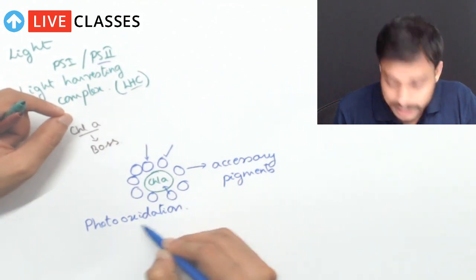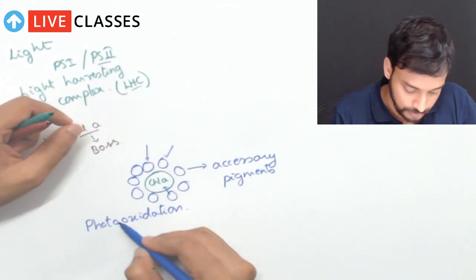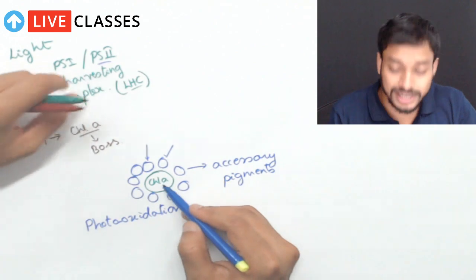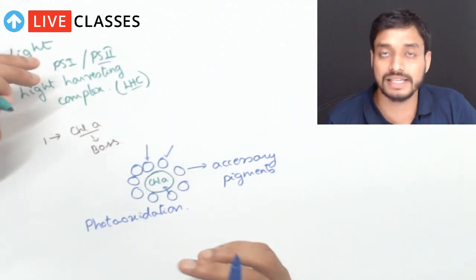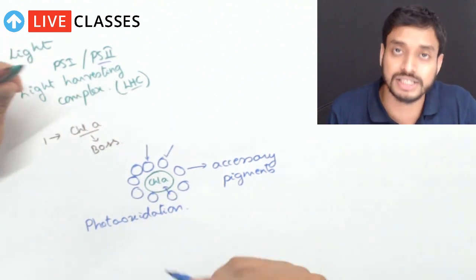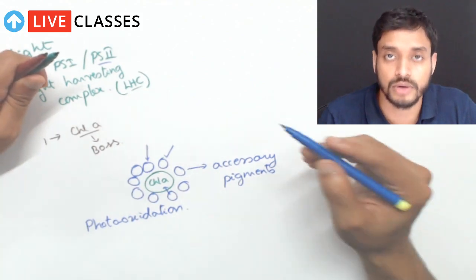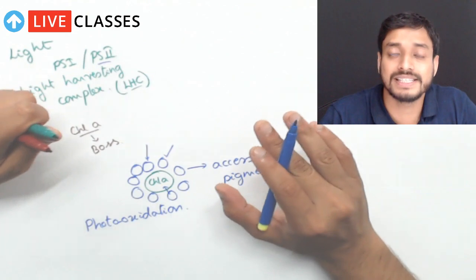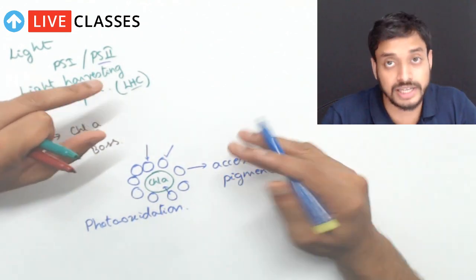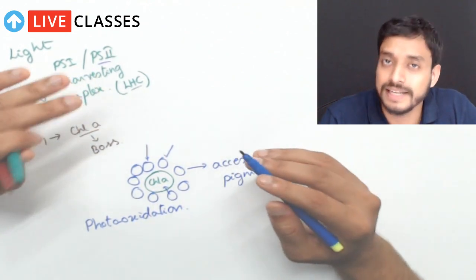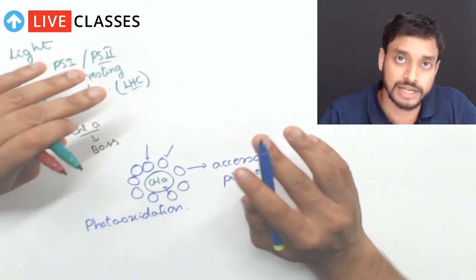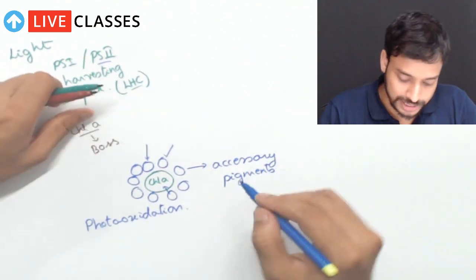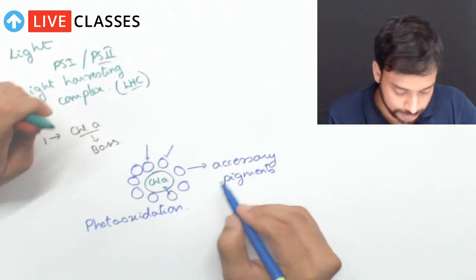Photo-oxidation is a process in which chlorophyll A, because of the presence of an excessive amount of sunlight, gets oxidized and loses its power or its function. So excessive sunlight, specifically in areas which receive direct sunlight, should be avoided. इसीलिए accessory pigments are very important.